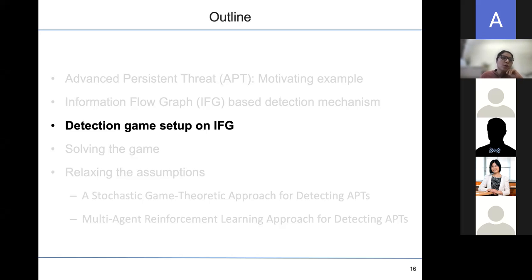Yeah, so we take a very conservative approach here. We consider all the potential entry points of the attack and all the potential targets, because we know what the sensitive information on our system is.